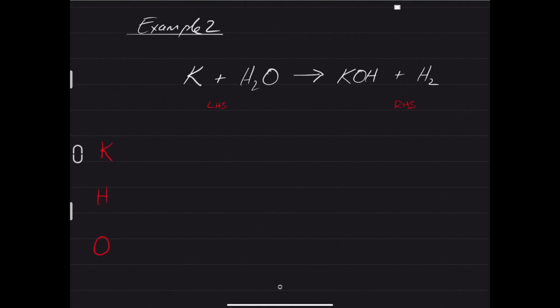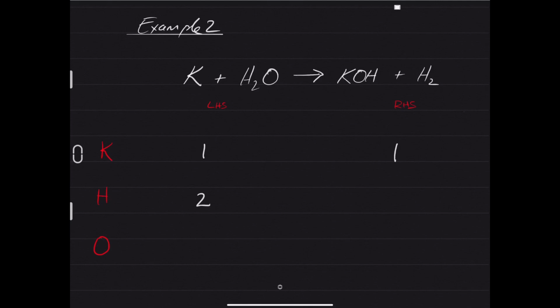So let's take the same process as previously. Let's identify how many atoms of each type we have on the left-hand side and the right-hand side. Potassium, we have 1 on the left-hand side. On the right-hand side, we also have 1. Hydrogen, on the left-hand side, we have 2.